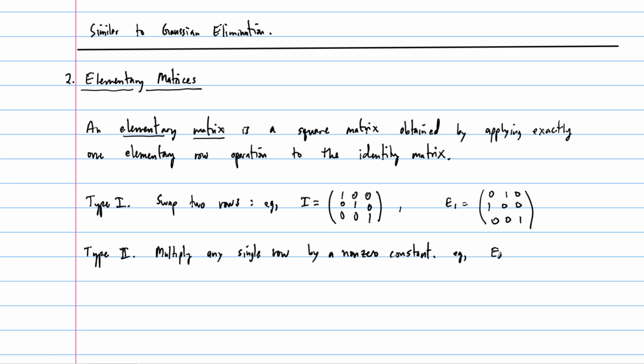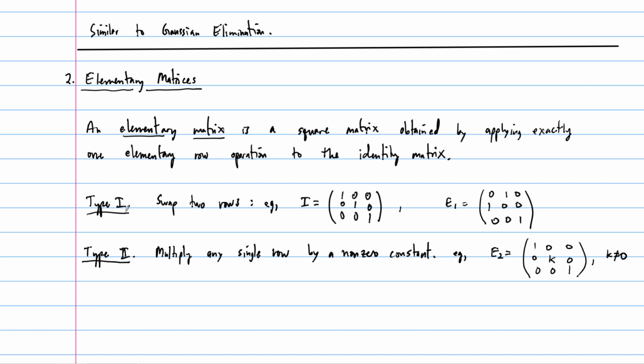So a type 2 elementary matrix might look something like this. And so the only criterion here is that k is not 0. In this case, I multiplied row 2. You could multiply row 1 or row 3, or if it's a larger matrix, any row, but it's got to be just one row at a time, right? So this is an elementary matrix of type 2, where we've multiplied a single row by a non-zero constant.